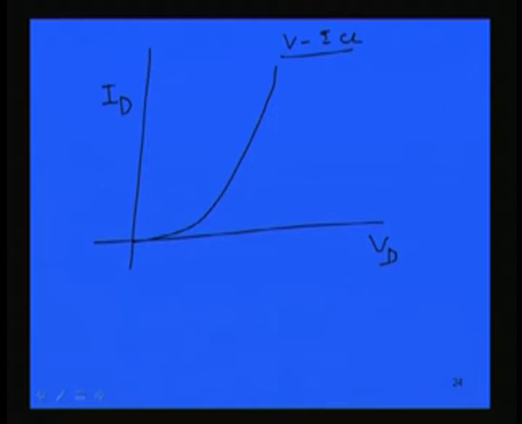Now, as you can see, this is a non-linear characteristic. So, in order to find out the resistance, you have to do it at a particular point where you are operating the diode.